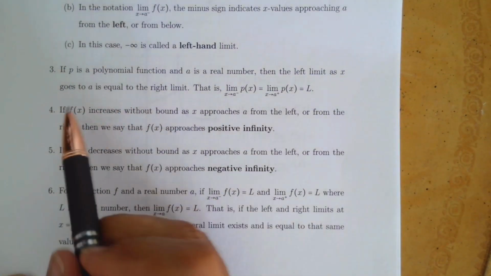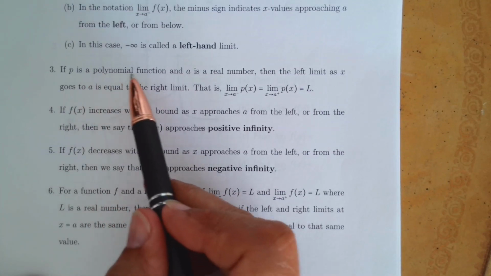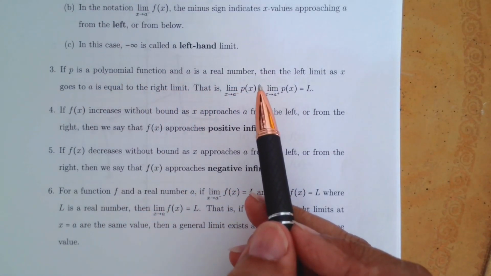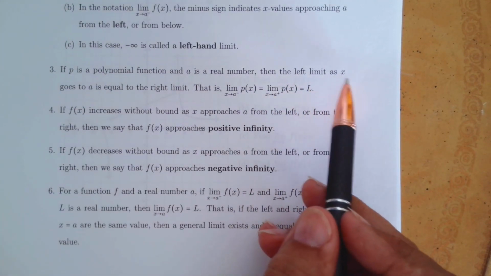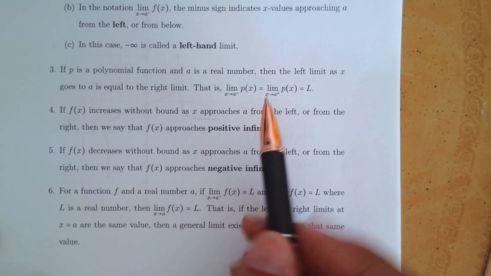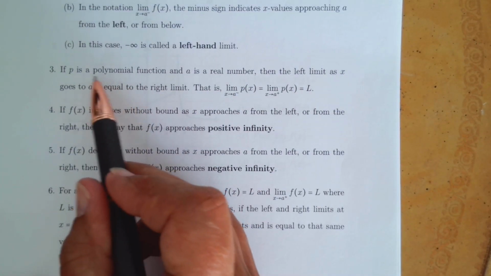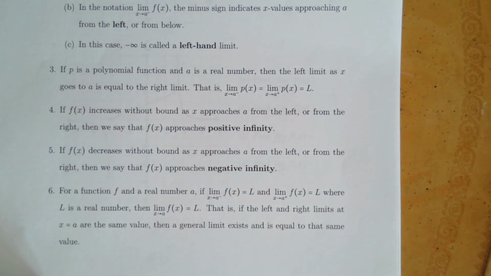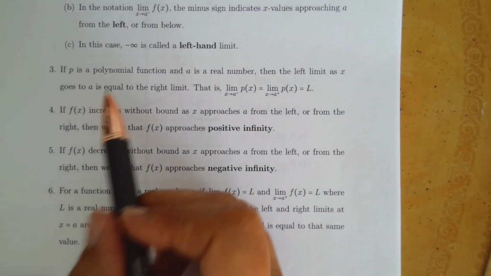All right, so number 3 says, if p is a polynomial function and a is a real number, then the left limit as x goes to a is equal to the right limit. Okay, so remember what a polynomial is. No fractions. It's just like 5x squared minus 3x plus 2.